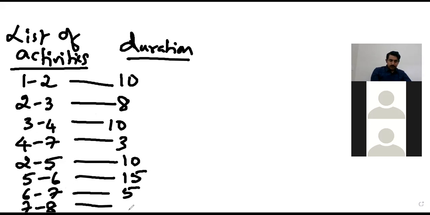And 20. These are the different durations.